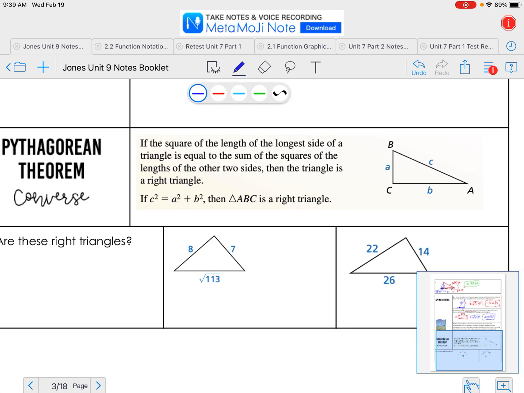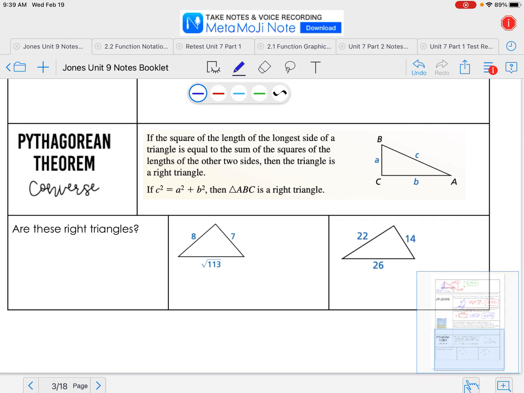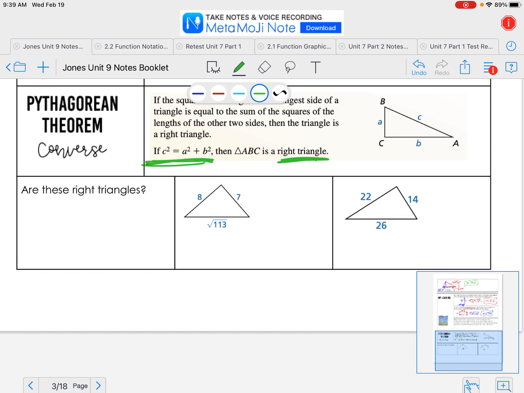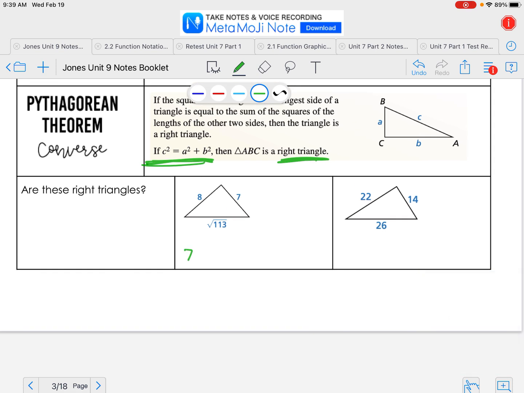I'm going to skip down to the converse. The converse of the Pythagorean theorem says that if you have 3 sides of a triangle and a squared plus b squared equals c squared, then you know it's a right triangle. So are these right triangles? If they are, 7 squared plus 8 squared would equal the square root of 113 squared.